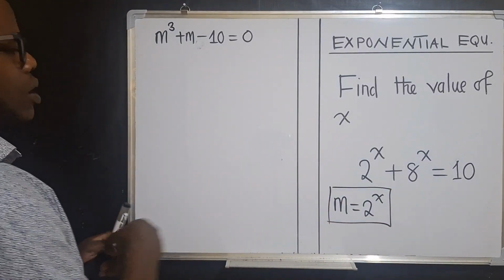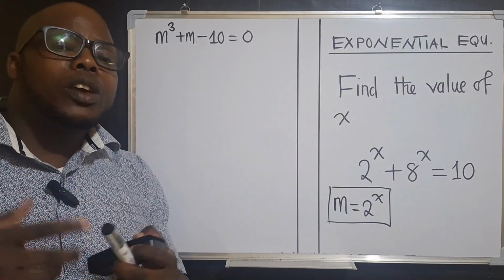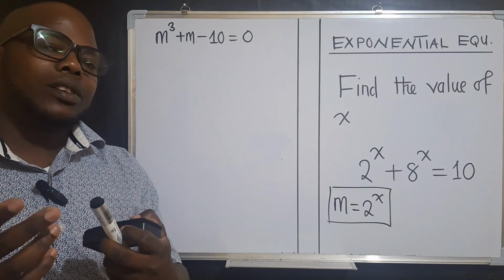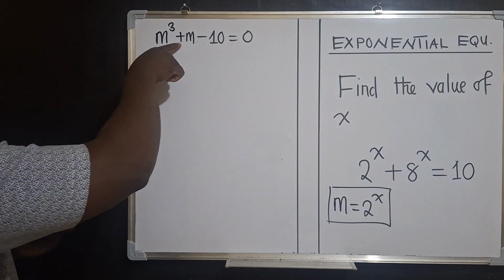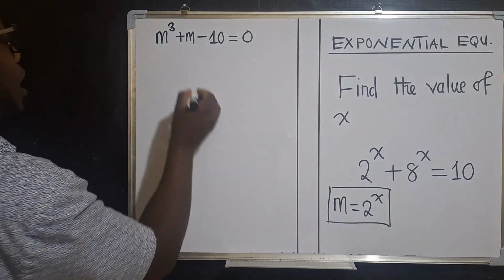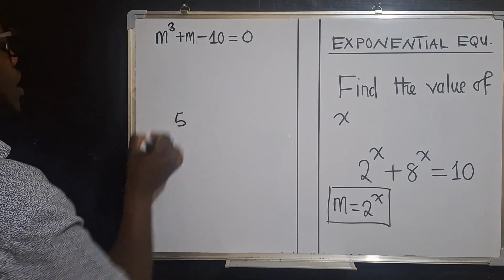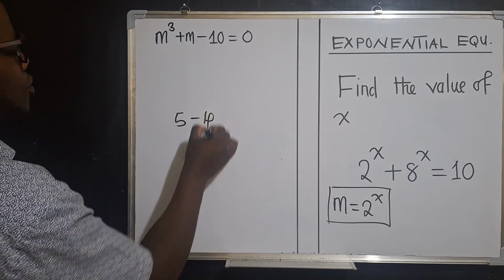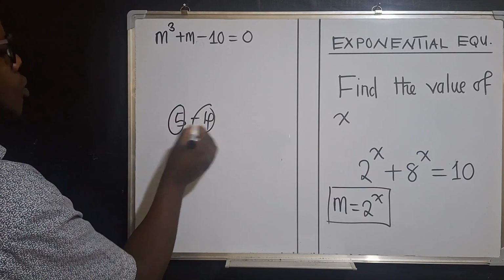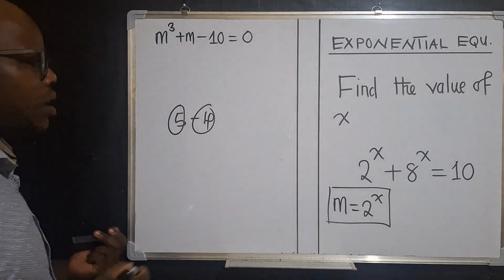We need it, okay? At this point, we think of two numbers such that when we add those two numbers, they give us what? 1. So those two numbers are positive 5 and negative 4. So this and this, when we add them, they are giving us a 1.